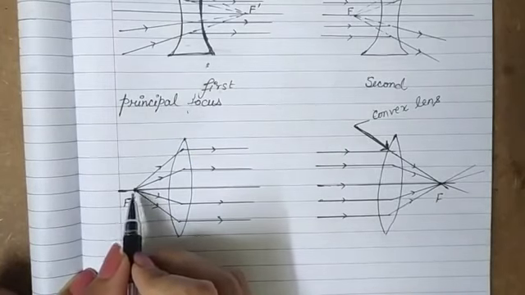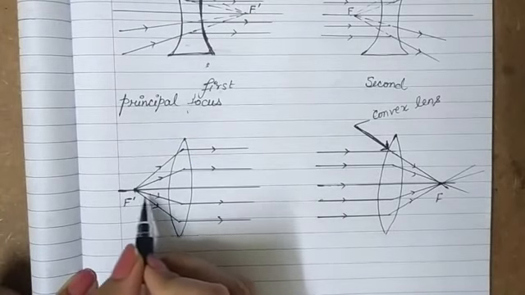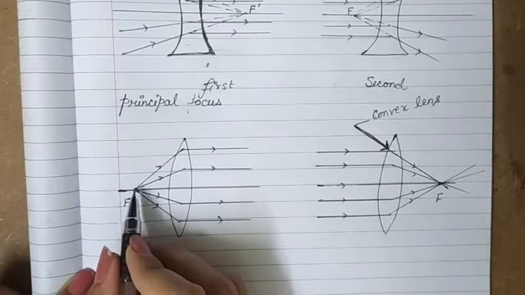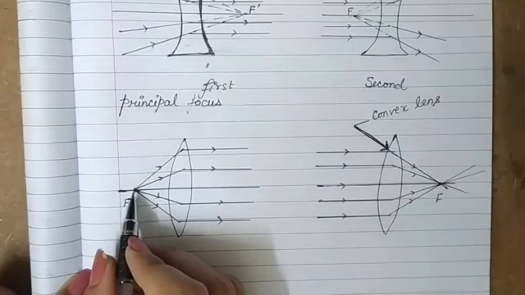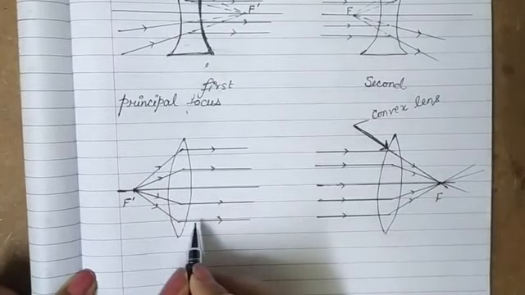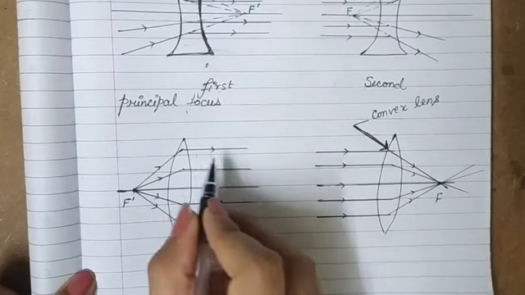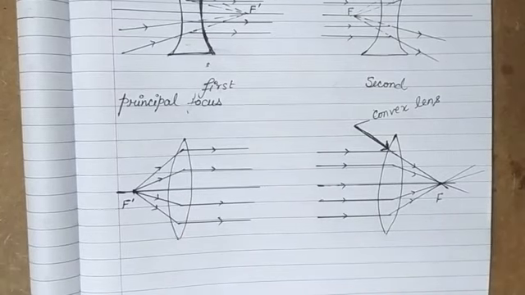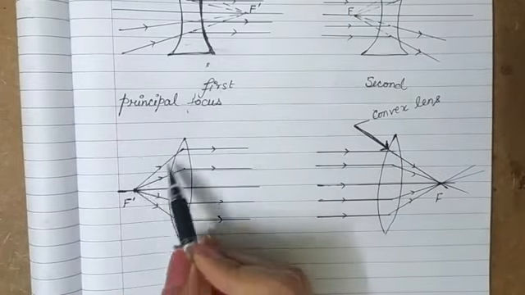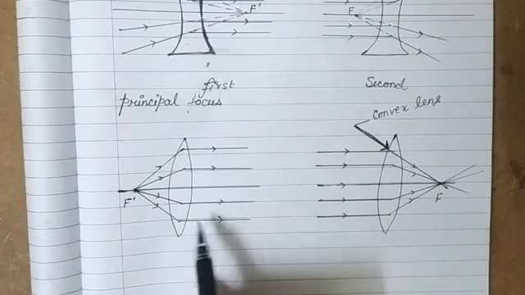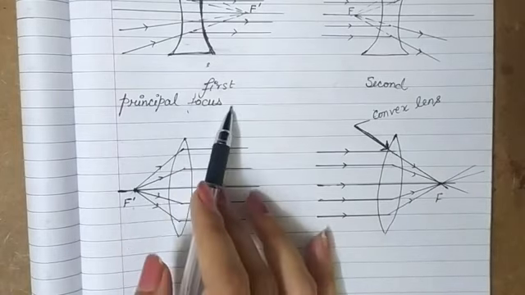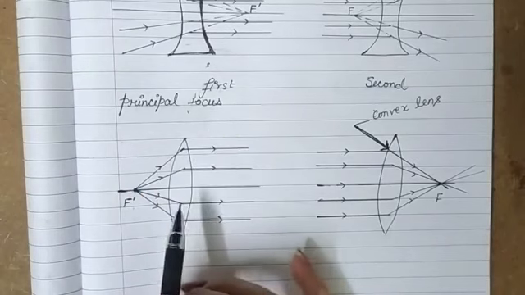It is the point on the principal axis. This is the principal axis. So first principal focus is a point on the principal axis such that the light rays starting from this point become parallel to the principal axis after refraction through the lens. Then this point is called first principal focus for this convex lens.